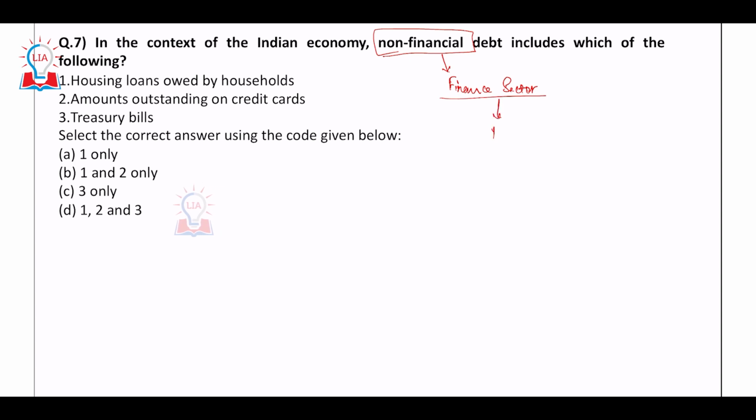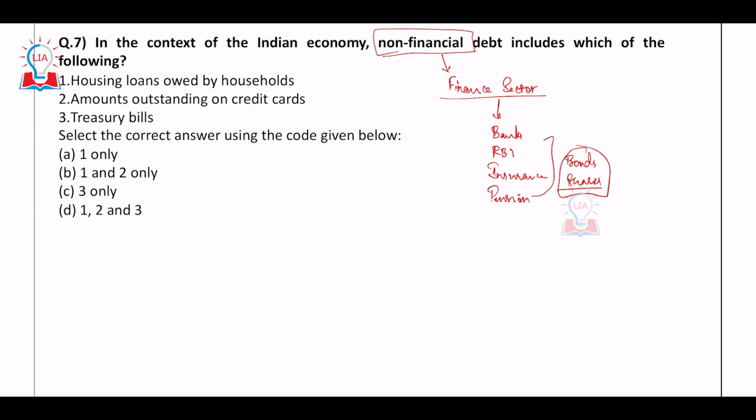You have the banks, you have the RBI, you have other financial institutions like, let's say, the insurance sector, the pension sector, right? So the instruments under consideration would be your bonds, shares issued by these institutions, right?